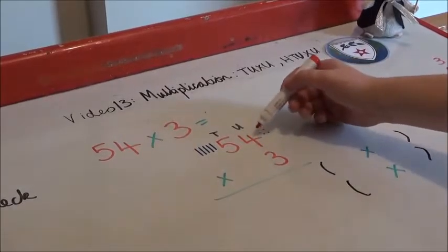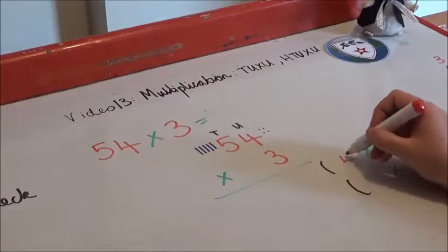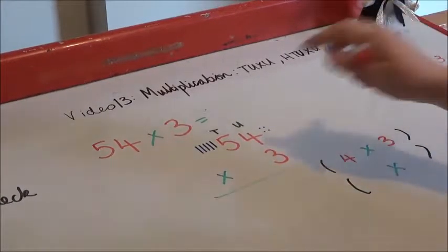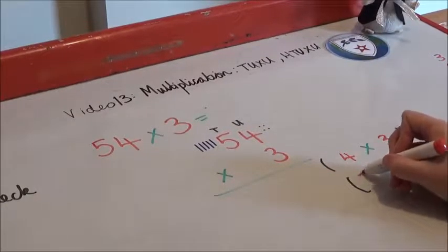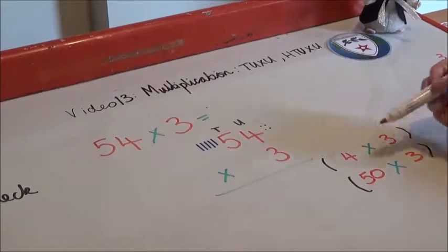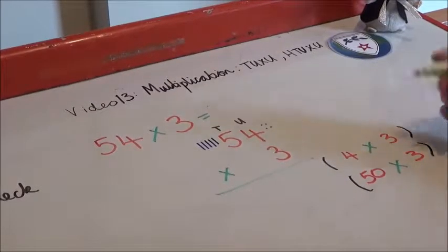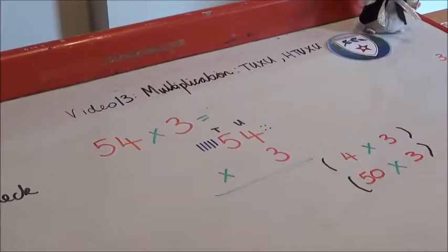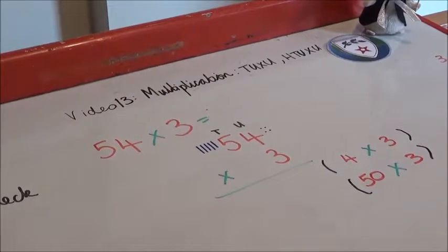I'm going to say 4 times 3 and 50 times 3. If you want, you could put 3 times 4 and 3 times 50. It's up to you, just make sure that you've partitioned the tens and units number into tens and units.